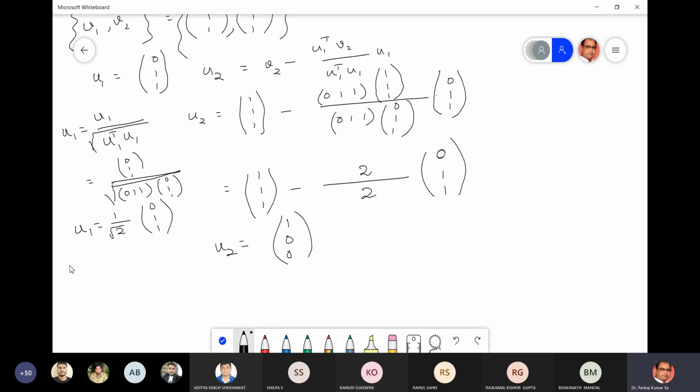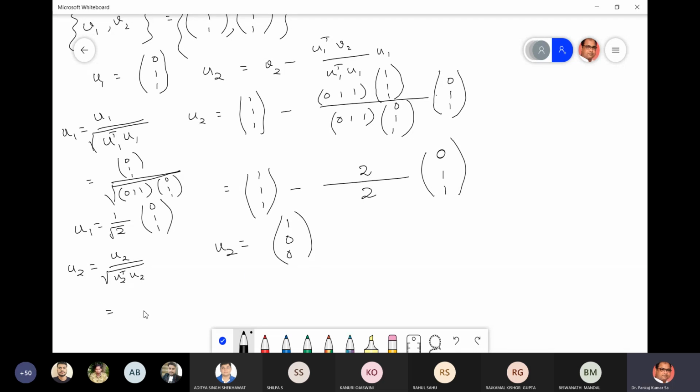Similarly, u2 upon the square root of u2 transpose u2, where u2 is 1, 0, 0.